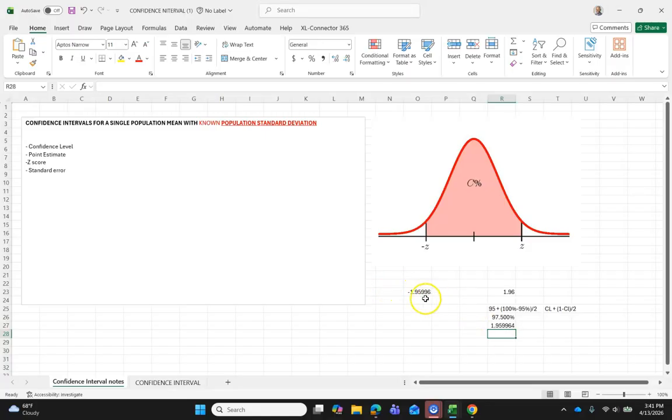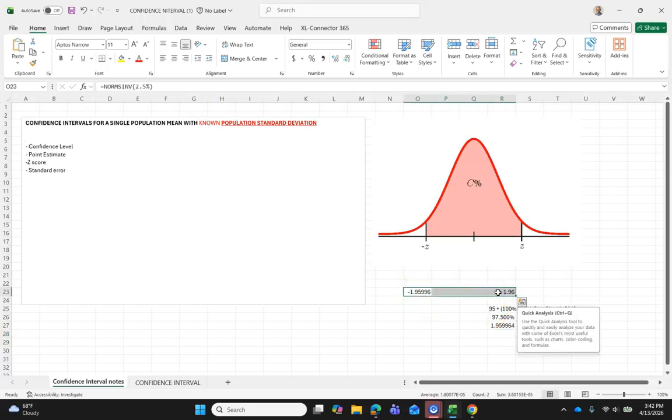So it is exactly the same as we did here, using the probability of this area, which is 2.5% and 2.5%. But always Excel will give you a negative value because Excel will only find the area to the left. So you can either use this formula or you can use this approach. It will be okay.